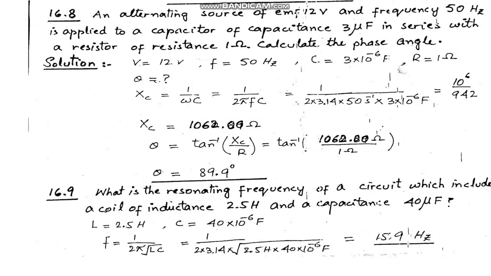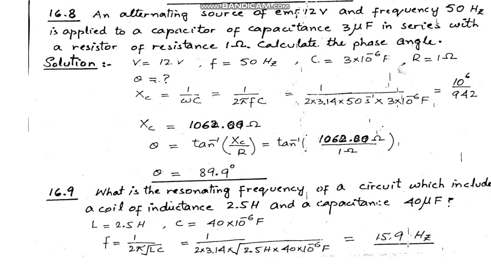Solution: V is equal to 12 volt, that's given in the question. Frequency F is equal to 50 Hz. Capacitance C is equal to 3 multiplied 10 to the power negative 6 farad, that's also given in the question, and resistance R is equal to 1 ohm. We require phase angle. First we solve.